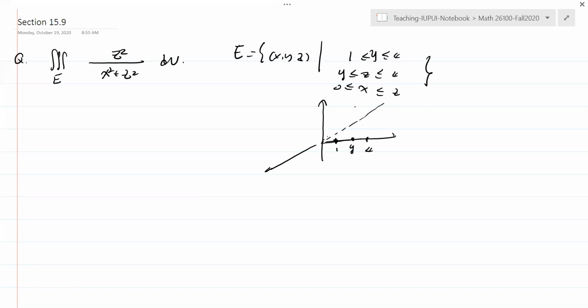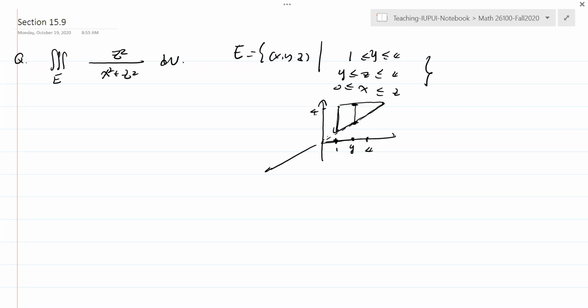That means z is always between y and 4, so this line segment will be in the solid. This triangle will be a portion of the solid. Y between 1 and 4, and z is between y and 4.